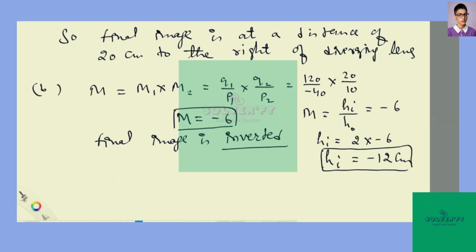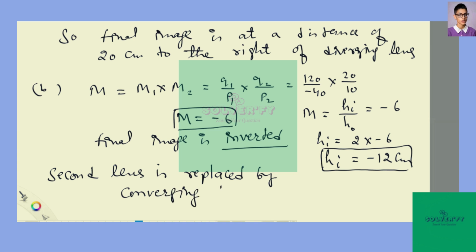Now again we have to repeat all these parts, but replacing the second lens. The second lens is replaced by one more converging lens having the focal length of plus 20 centimeter.